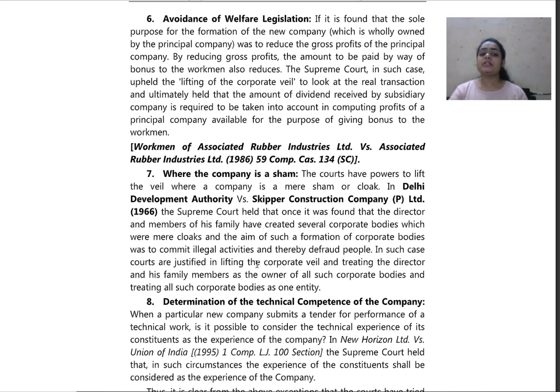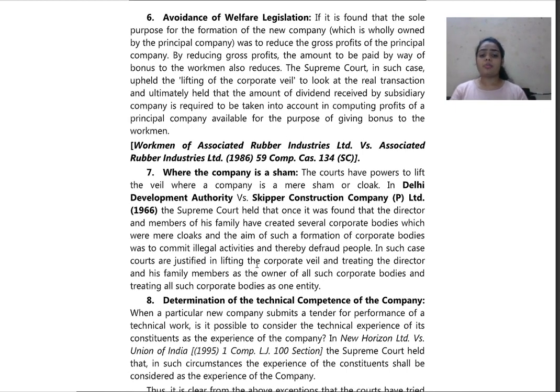So in this case, the court had the right of lifting the corporate veil and treating the director as well as his family members as the owner of all such corporate bodies and treating these bodies as one entity. That is, all these people were treated as one person, and they came to know about this after lifting the corporate veil.